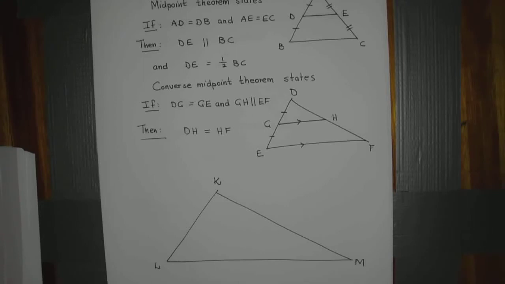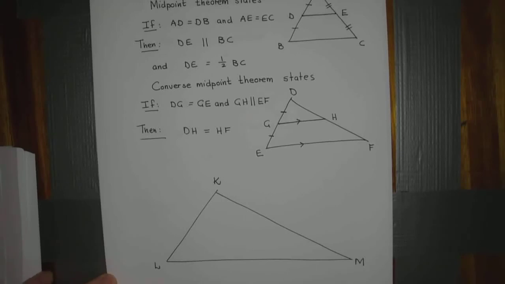The proportional division theorem says, if I take a side of a triangle, any side, and I then divide it up, not into that ratio of 1 to 1. The ratio of 1 to 1 only refers to the converse midpoint theorem. I'll now divide it in a completely different ratio. So let's say the ratio I divide it into is a ratio of 3 to 2.